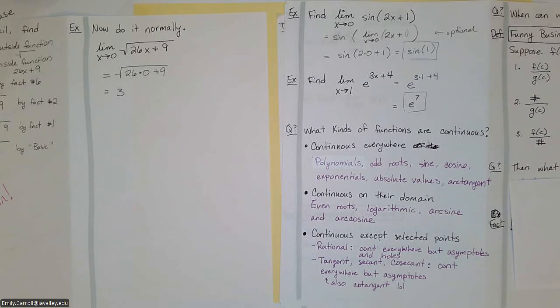Okay, and then your tangent, secant, and cosecant, those are continuous everywhere except for the spots where they have asymptotes. And then I forgot about poor little cotangent. I forgot to write that down, so I added that in. Okay, so those ones are continuous except where they have those little oddities.